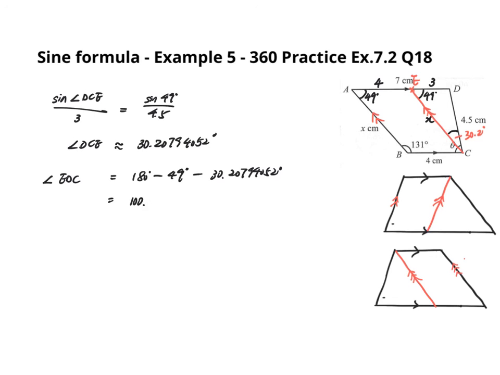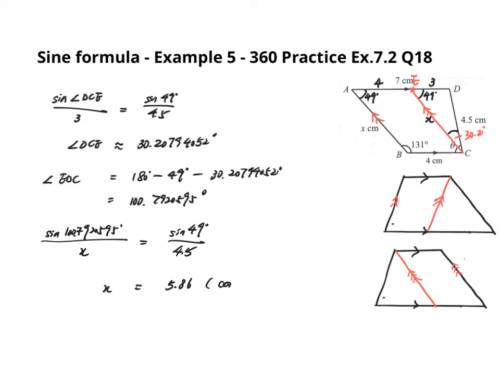It is equal to 100.792059 degrees. By the sine formula again, sine 100.792059 degrees over X, which is CE, is equal to sine 49 degrees over 4.5. So X is equal to 5.56. Okay, the answer is corrected to 3 significant figures.